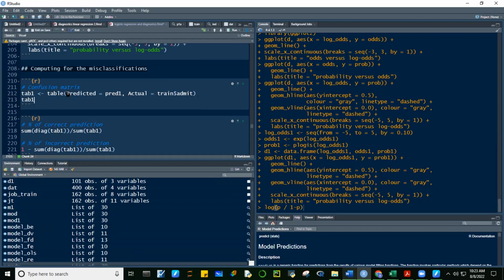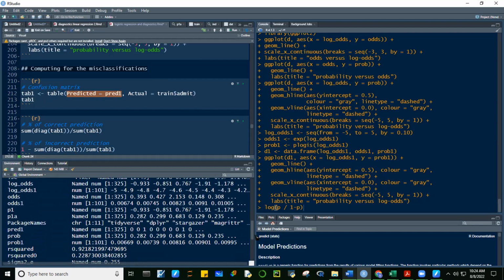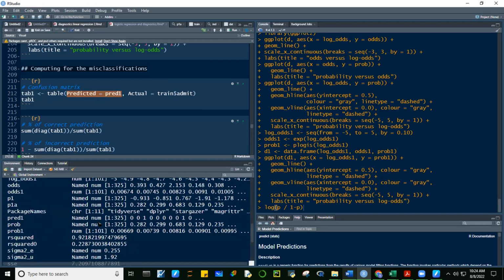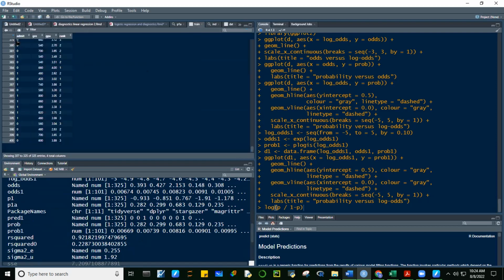Tingnan natin dito si pred1, di ba ito yung odds ratio, yung log odds ratio na kinonvert natin into probabilities and then yung probabilities kinonvert natin into 0 or 1. Kaya nga yun, 0, 0, 1, ito siya. 325 observations. Tapos si train naman, in particular yung admit, 325 din.